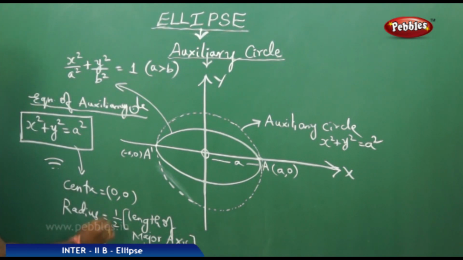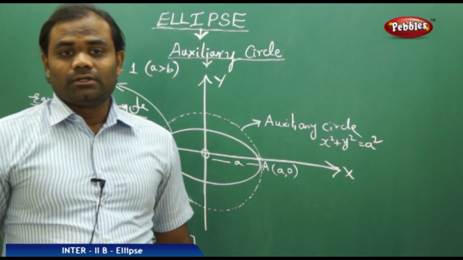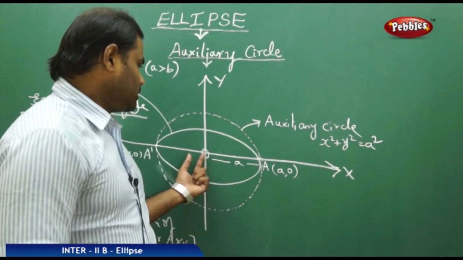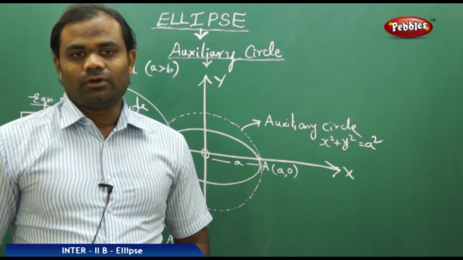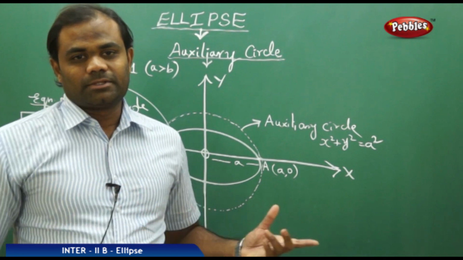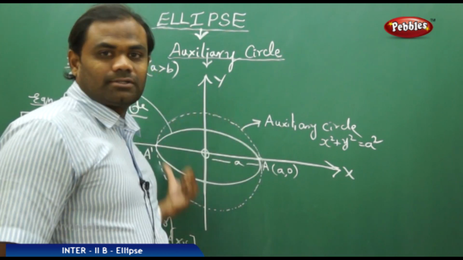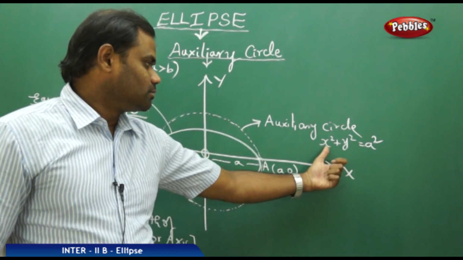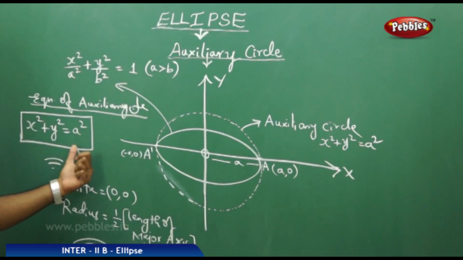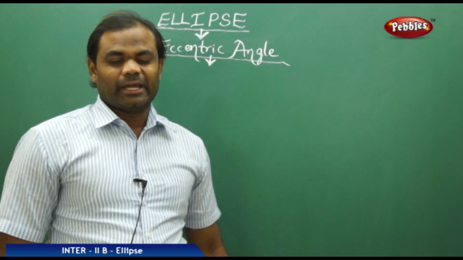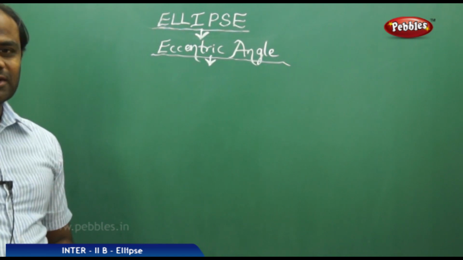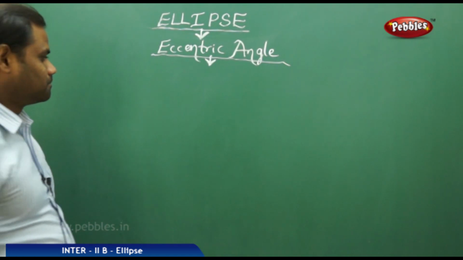This is how we describe the auxiliary circle and its features. The auxiliary circle along the ellipse looks like this, with the equation x squared plus y squared equal to a squared. Now let's see what an eccentric angle is.